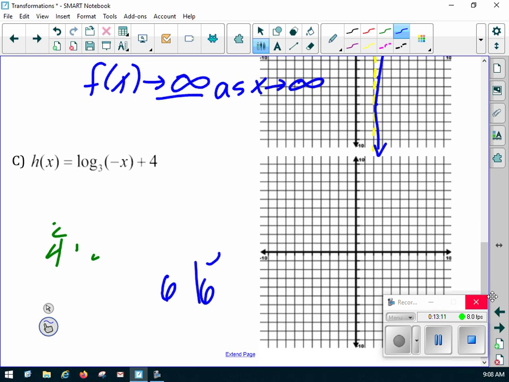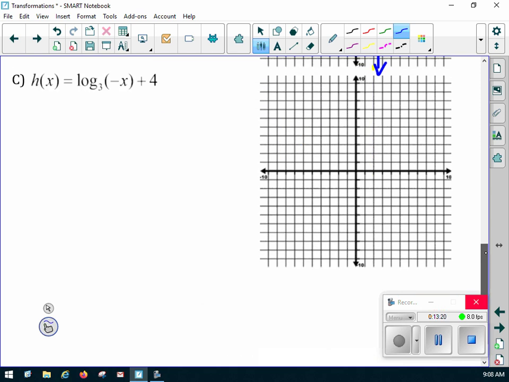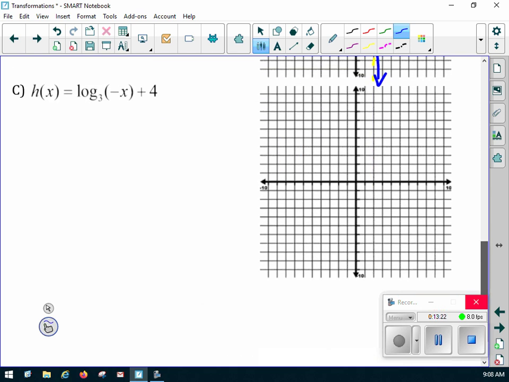Now we're going to do this one because this one has a negative in a weird place. What's that negative do? Reflects over the y-axis because it's with the x.